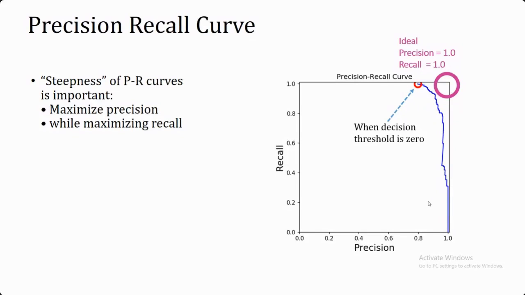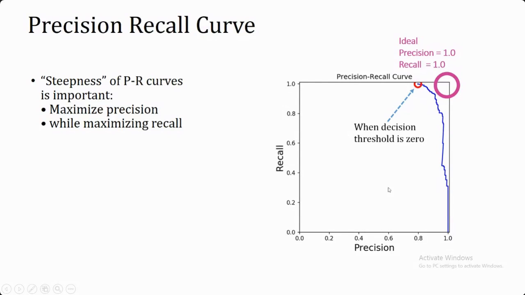And this also we have considered: when the threshold is 0, in that case I'm getting this much precision and this much recall. This is the case for the data set which I have used. For your data set, the value could be at another place.